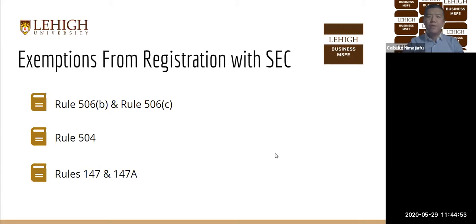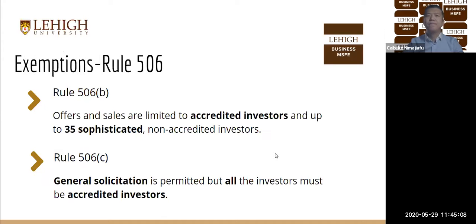Since registration with the SEC might be costly and time-consuming, we may want to consider using exemptions from the registration. And there are some commonly used exemptions. Next page, please.